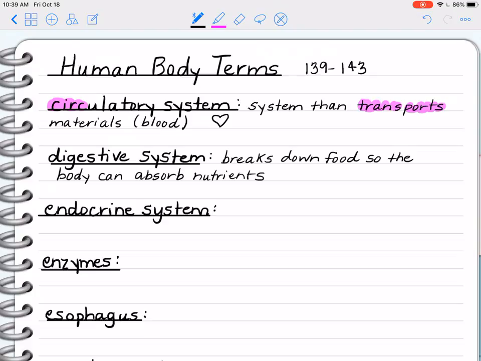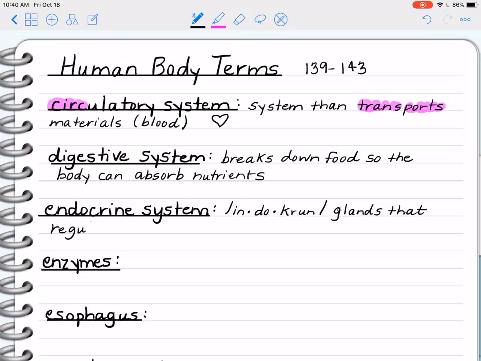Endocrine system, and let me sound this one out for you. Endocrine. The endocrine system is the system of glands in your body that regulate your body conditions.